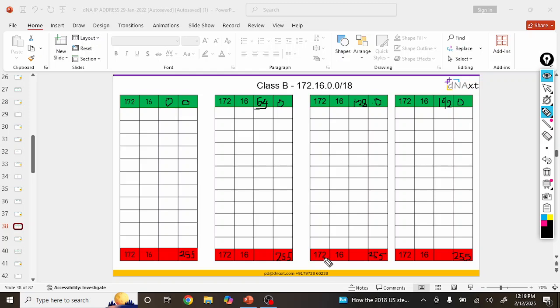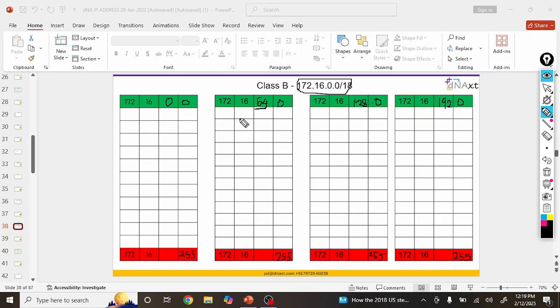So when you keep all host bits 1, in decimal you get the value 255. So you can write 255 in the broadcast ID, since this octet is purely host octet in this class B scenario.